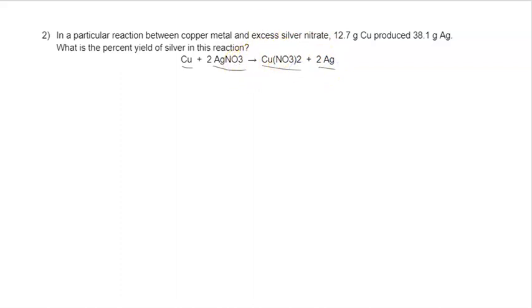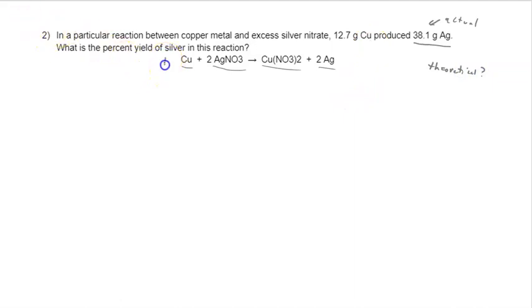Now, we said 12.7 grams of copper produced 38.1 grams of silver. So this is our actual yield. This means that we ran the reaction and it actually produced 38.1 grams. What we need to figure out is the theoretical. That's our question mark, so that's where stoichiometry comes in.